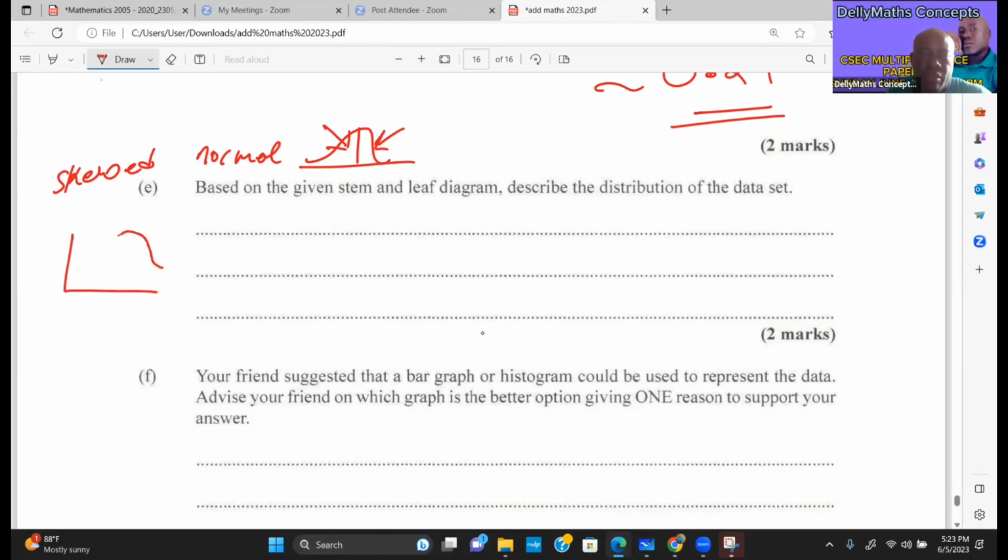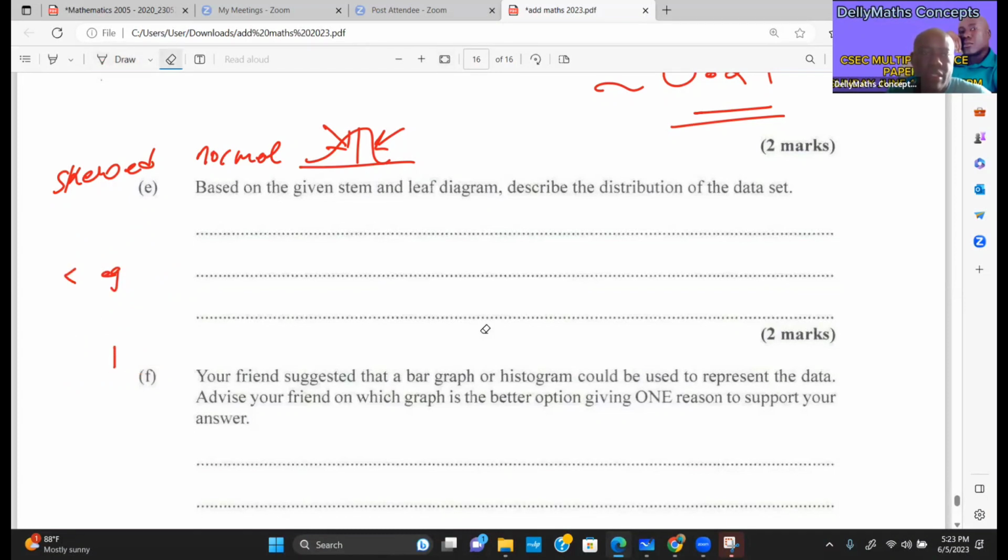That means the bulk is up to this side and then there's a tail heading down to the left. So this one is negatively skewed. And when it is positively skewed, the bulk is up this side and then the tail heads that way. And you have most of it over to the right, positively skewed, right?